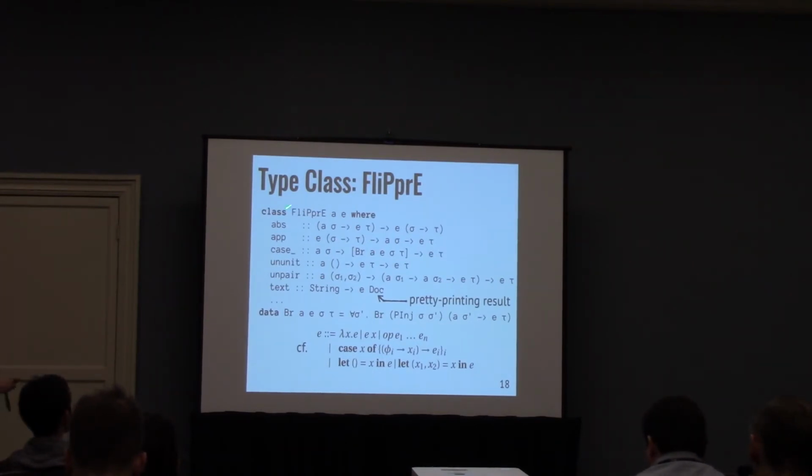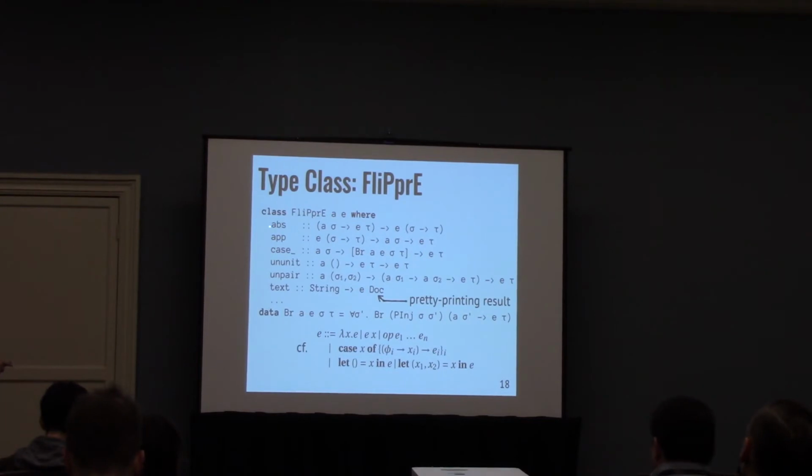So here, the Flipper class takes two type variables, A and E. A, representing arguments, corresponds to variables in this syntax definition, and E, representing expressions, corresponds to expressions in this syntax definition. We need to split the type variable to enforce treelessness.